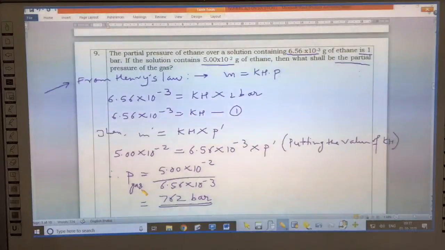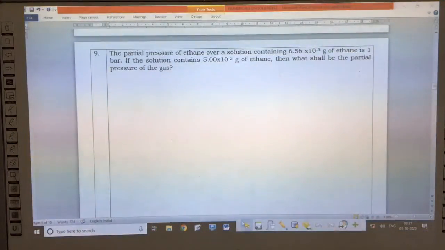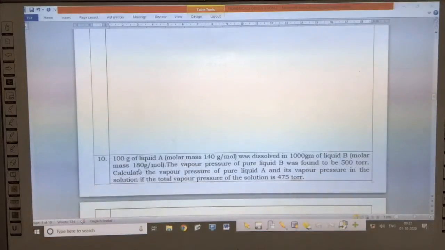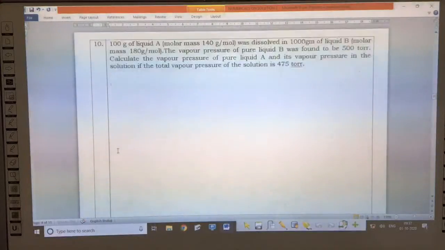Understood? These numericals should be clear to you. Let us move on to the next numerical. Now let us see this.